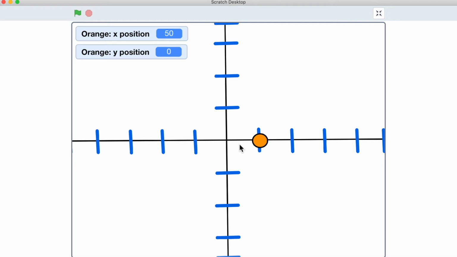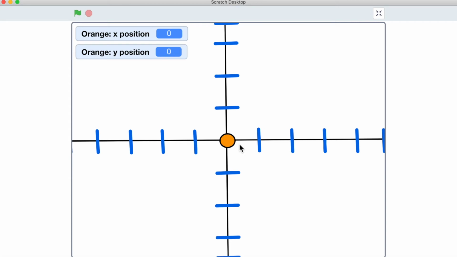We have moved right, but we have not moved either up or down, so the y position is still on the y line, which is 0. If I again take it right, x moves by another 50, and now this is 100. Similarly, 150. And when I come back, x is 100, and we're back to 0, 0.